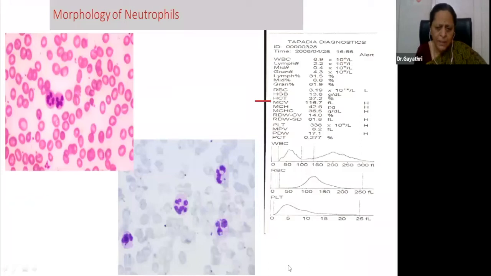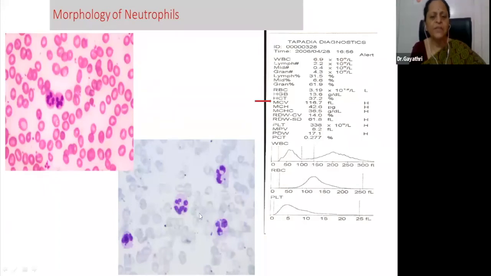A very simple abnormality in the neutrophil that you should never miss. Just like I said about APML among the leukemias, this abnormality in neutrophils: hypersegmented neutrophils, with more than 3 nuclear lobes consistently seen. See how many lobules there are.